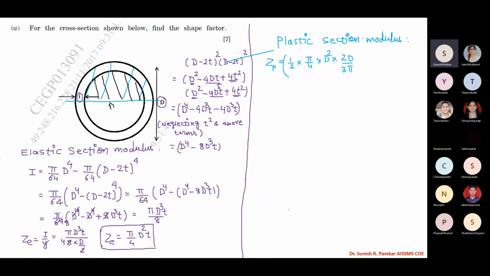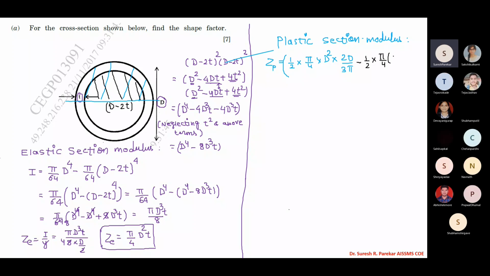So we have this, we have to subtract. Now we have this as d minus 2t, and then we have minus 1 by 2 into pi by 4 into d minus 2t whole square into 2 upon 3 pi into d minus 2t.